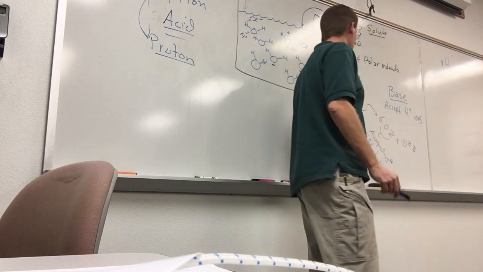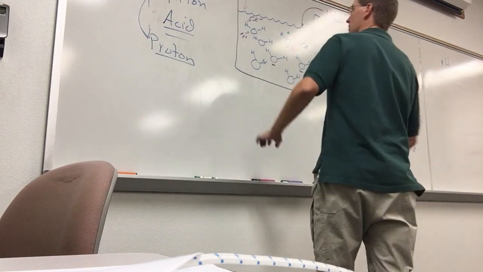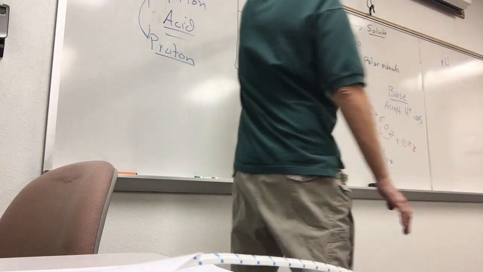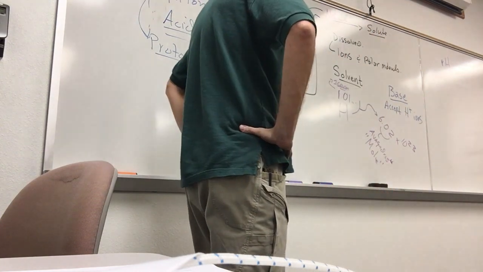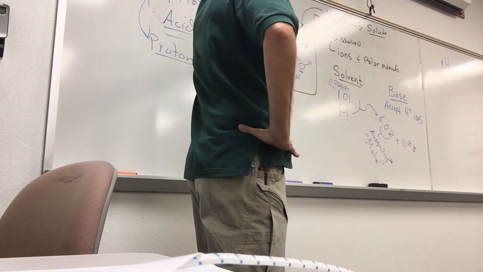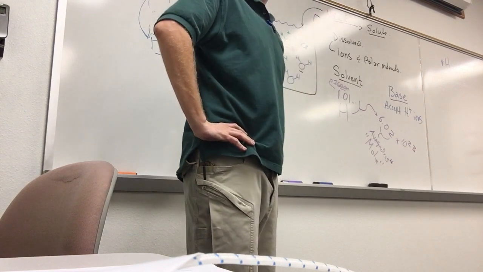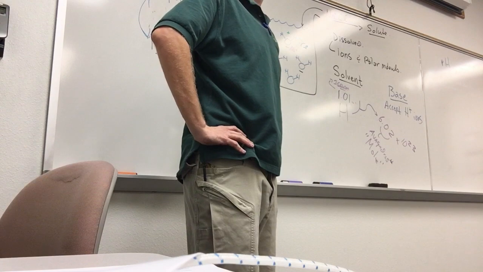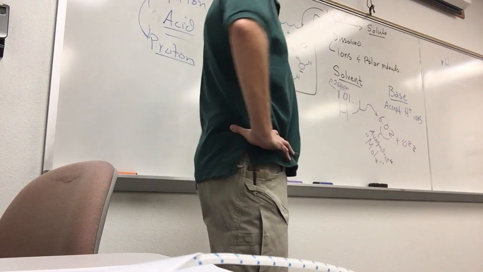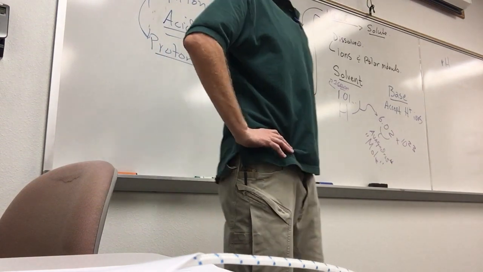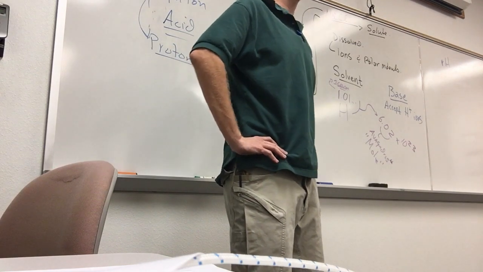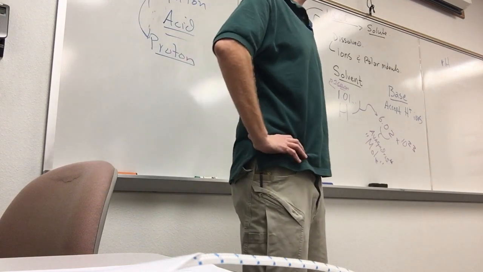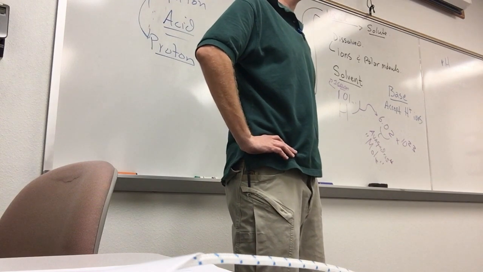So if I had a liter, so let's go to this water. Imagine that I have a liter of water in here. I could put a mole of hydrogen ions into that liter. And that gives me an acid concentration of 1 mole per liter. That would be so acidic you could not even imagine how acidic that would be.